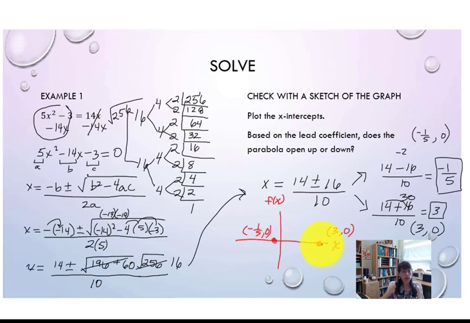And the other piece of information we need to know about which way this parabola is opening is by going back to the original quadratic equation. Our lead coefficient is a positive 5. That tells you that this parabola opens upwards, so something like this shape. So to draw the sketch, I know that I would be opening upwards with this parabola. And that's all we're doing, is making a quick sketch.